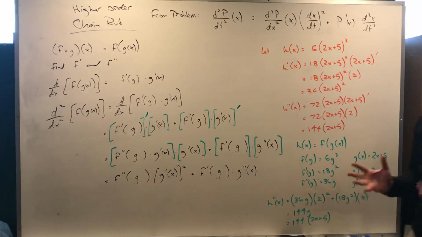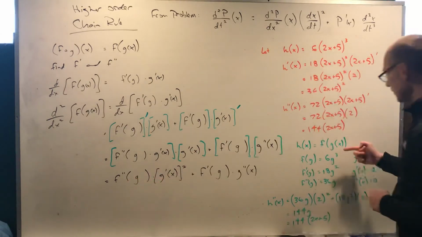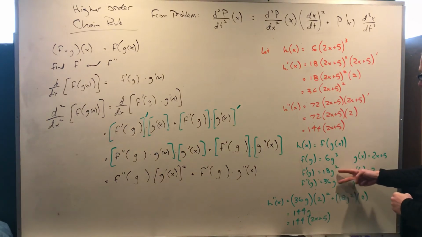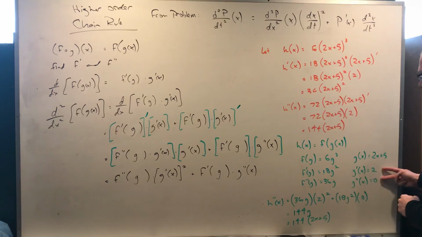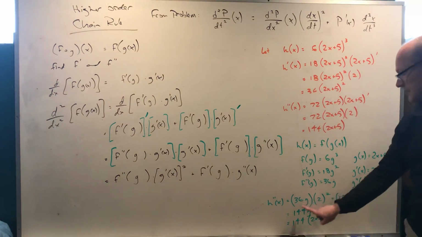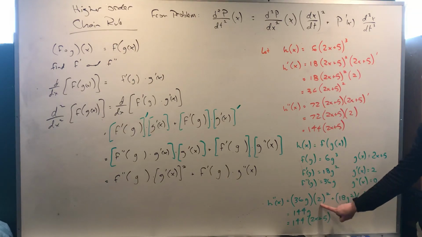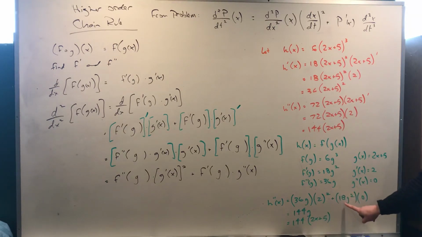And now you just build what you see here using these 6 things as you need them. In fact, you need the first and second of the outside, first and second of the inside. It is the second of the outside times the first of the inside squared plus the first of the outside times the second of the inside.